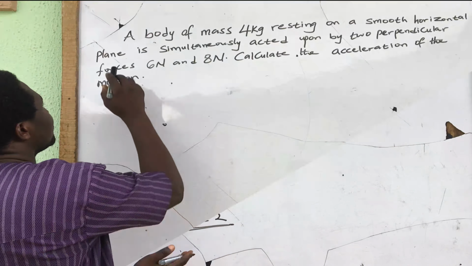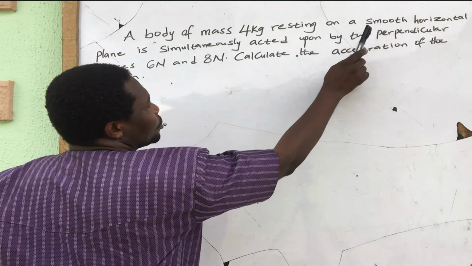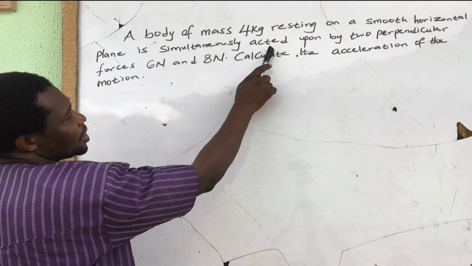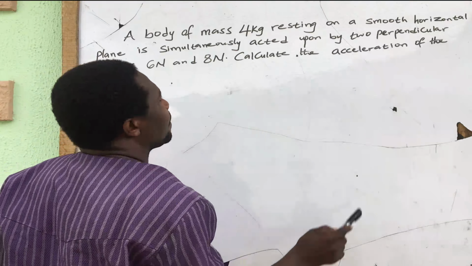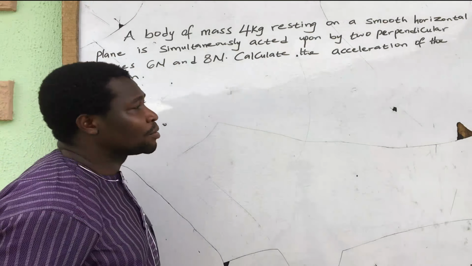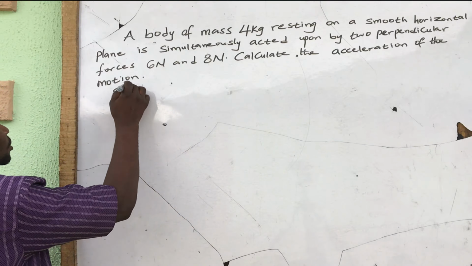That's all. A body of mass 4 kg resting on a smooth horizontal plane is simultaneously acted upon by two perpendicular forces, 6 Newton and 8 Newton. To calculate the acceleration of the motion, it's very simple. Let's solve this together.